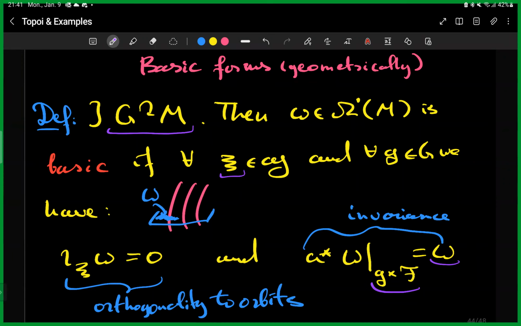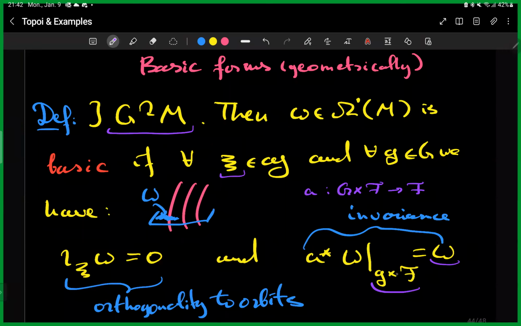Okay, so A is the action morphism from G times F into F. So A with upper star is the pullback of this form omega from F to G times F, and then we restrict it to the fiber, so to speak.